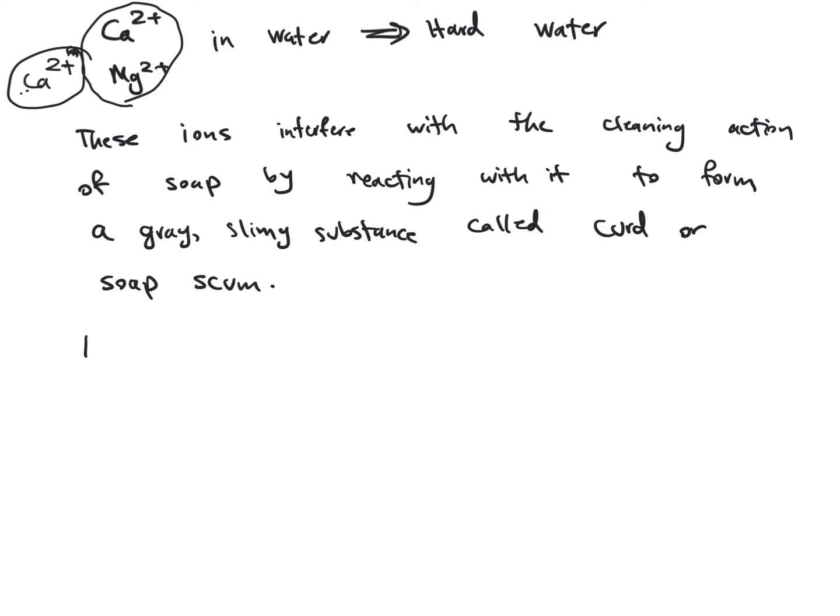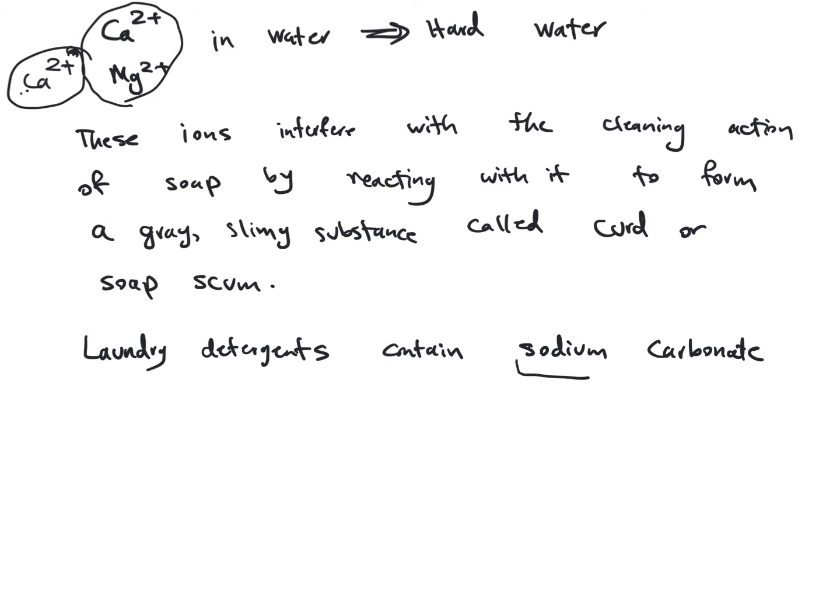And then I just write here that laundry detergents contain substances such as sodium carbonate. And again, you should be able to write this ionic compound, and the ions separately, in the exam.